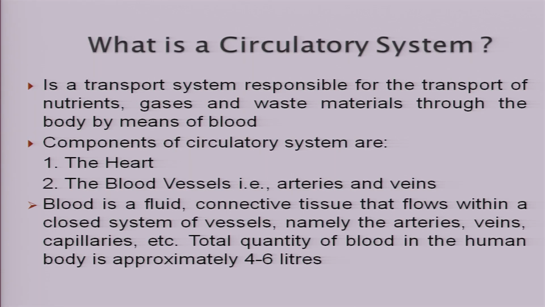So we have the heart as one component of the circulatory system, blood vessels like arteries and veins, and fine capillaries which are responsible for delivering nutrients and gases to even the minutest parts, that is each and every cell of the body. Now we know that the total quantity of blood in the human body is around 4 to 6 liters.